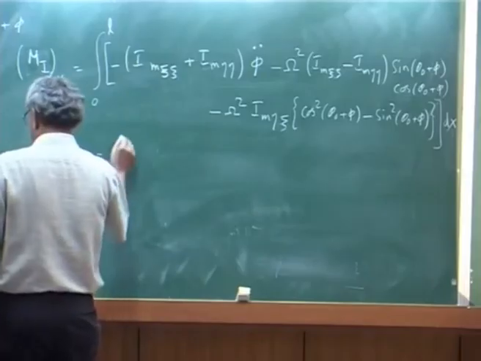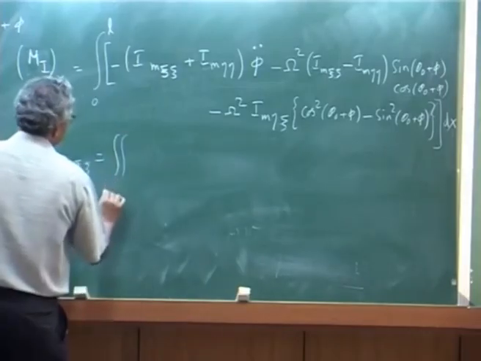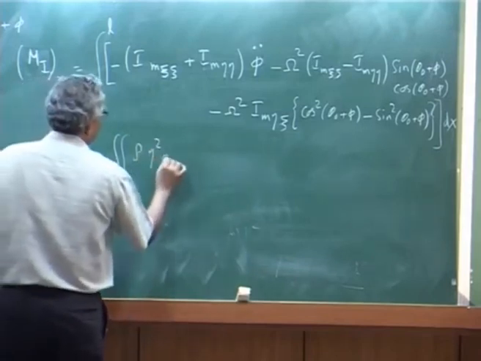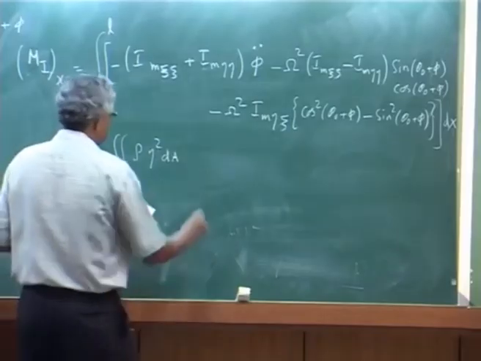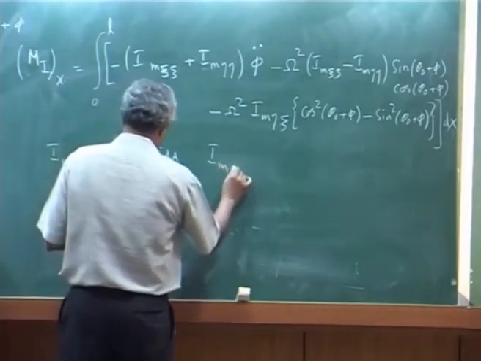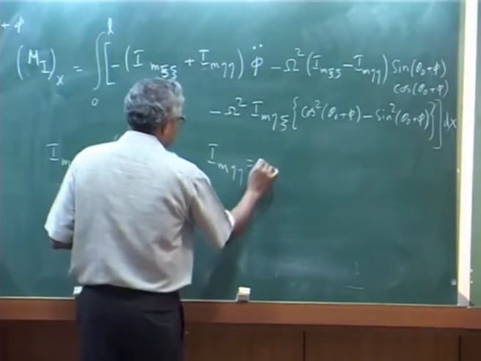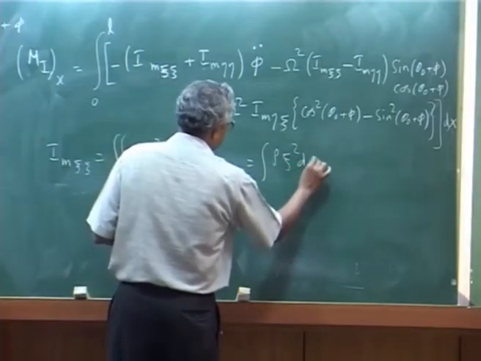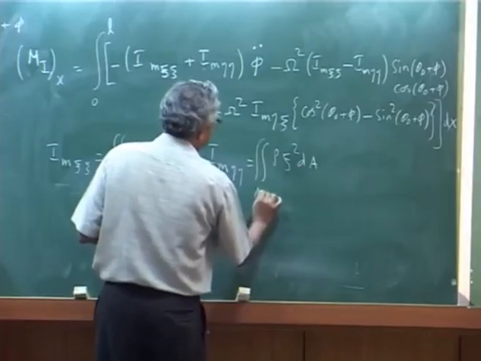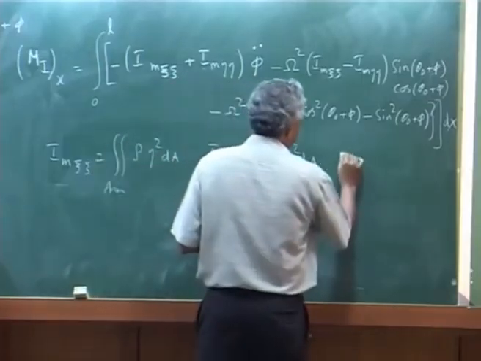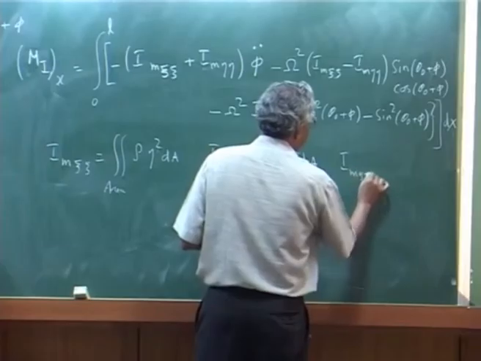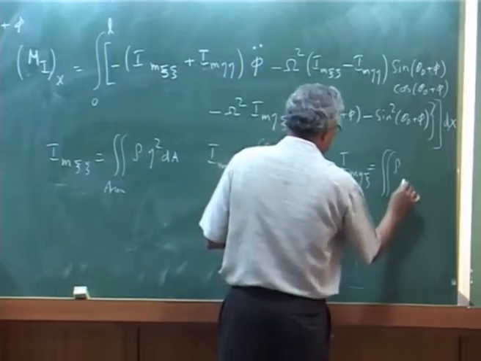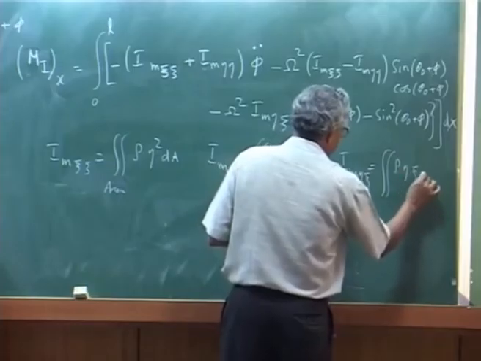Now I m psi is the integral of rho eta square dA, and I m eta is the integral of rho psi square dA. This is the area, and this is the cross product: I m eta psi is the integral of rho eta psi dA.